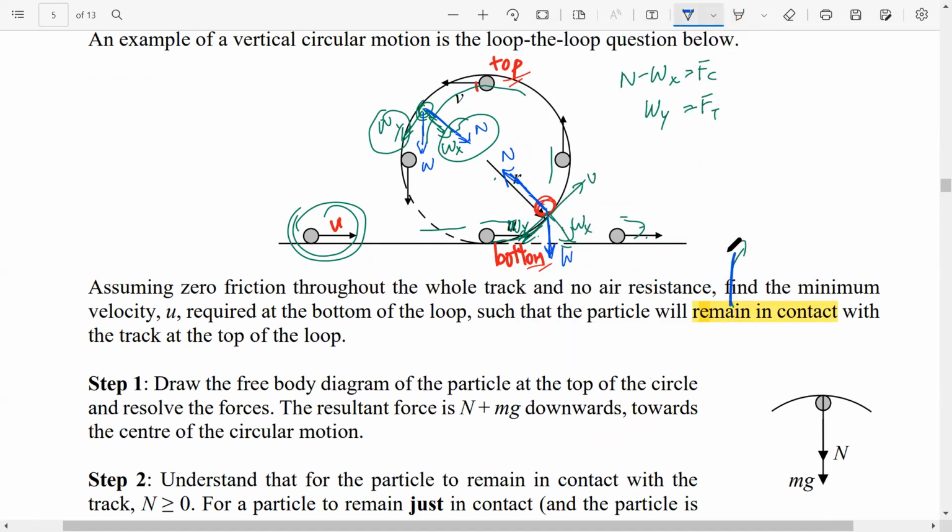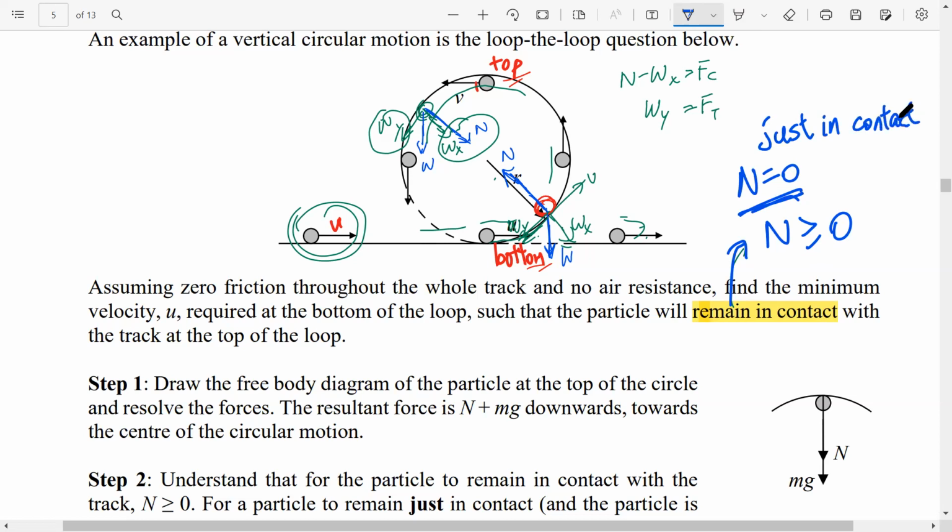To remain in contact, it means that the normal contact force must be greater than or equal to 0. If it's not in contact, then there will be no normal contact force. Make sense? When it equals 0, it means just in contact. Just nice.